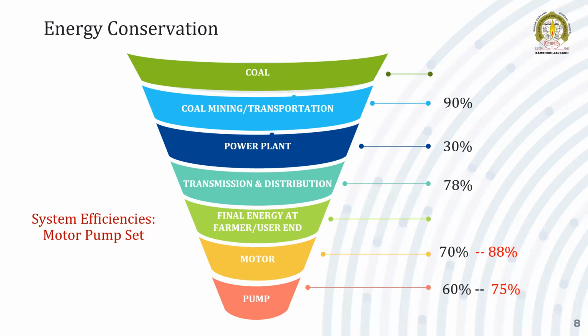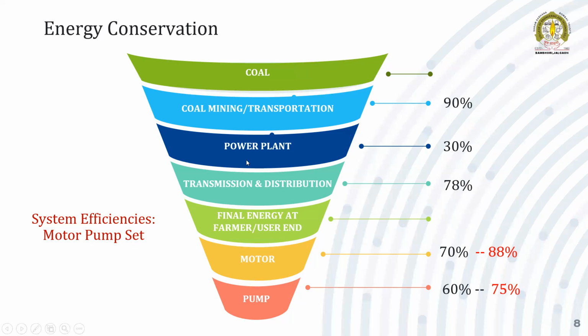Because of the number of auxiliaries used for running a thermal power plant, the efficiency is very small. The boiler efficiency itself is very small. Even though the generator and transformer efficiencies are very good, the overall efficiency decreases because of the thermal considerations in the boilers, turbines, and so on.